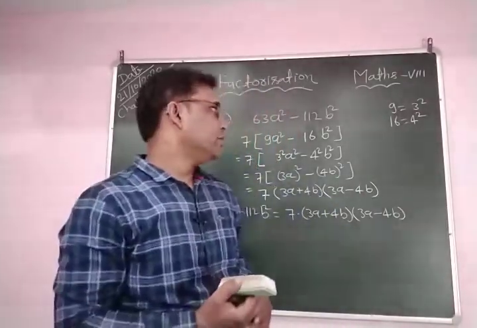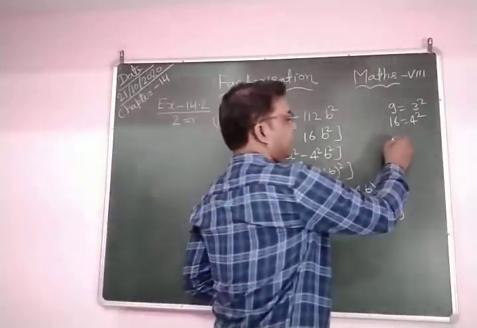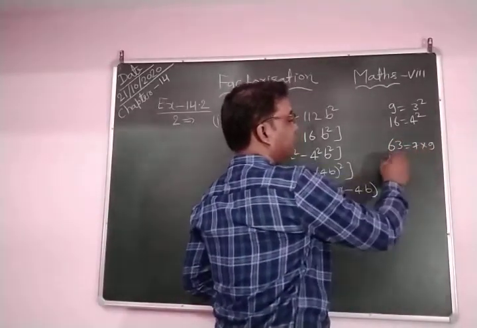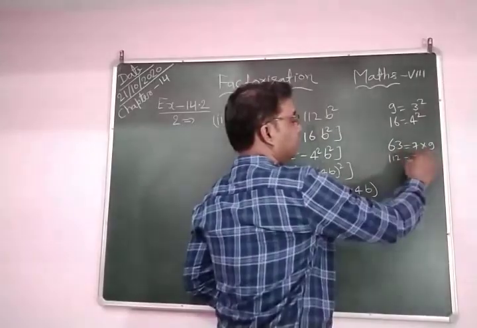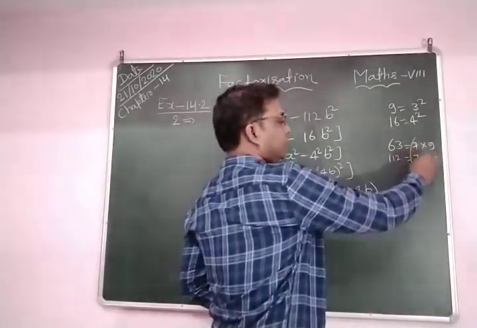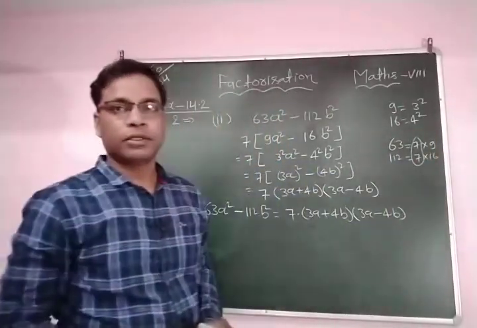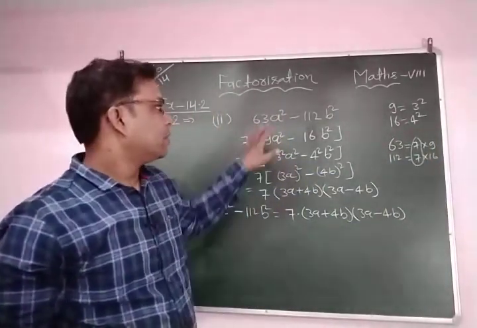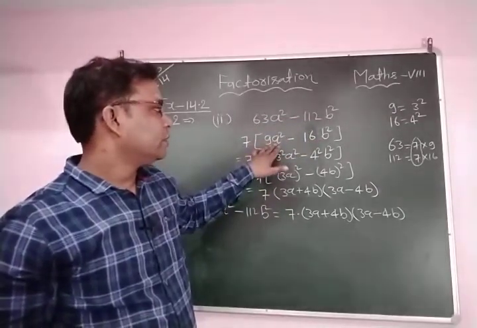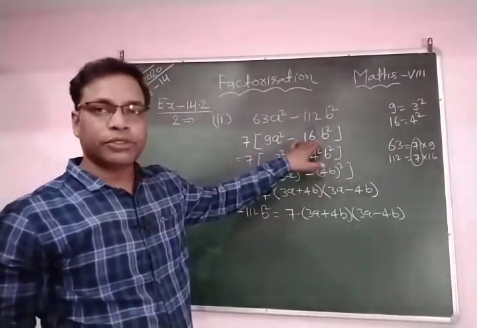So we know that 63 is equal to 7 into 9, and 112 is also 7 into 16. So you can see here 7 is common. So first we take common from both terms 7. Then we obtain here 9a square, here 16b square.